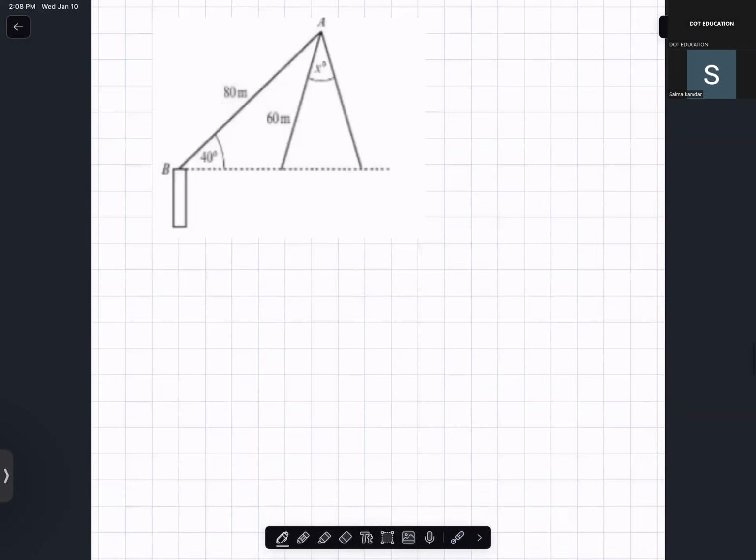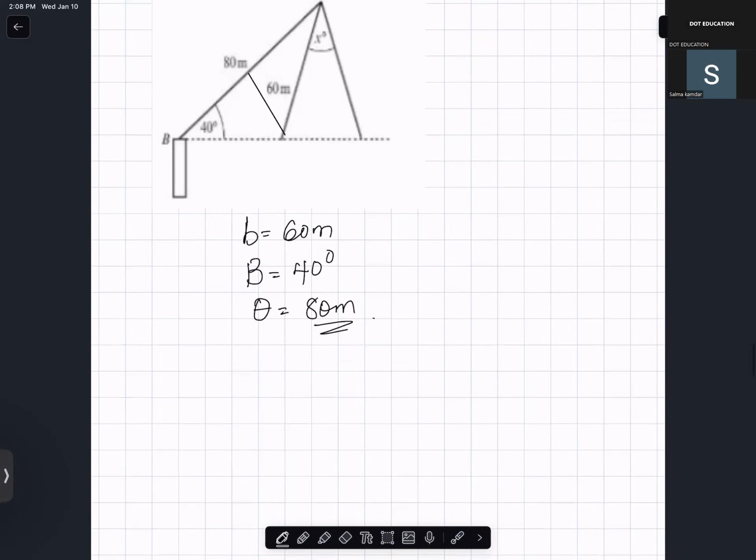On that, I have my side A, my side B given to me as 60 meters, which is angled at 40 degrees. Then I have this angle here, which is what? Theta at 80 meters.